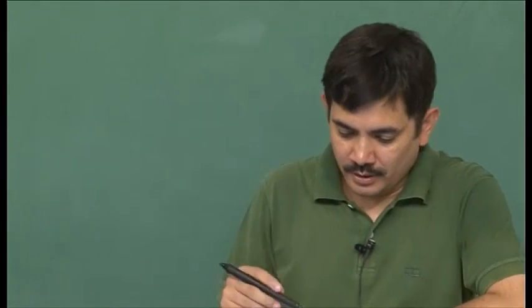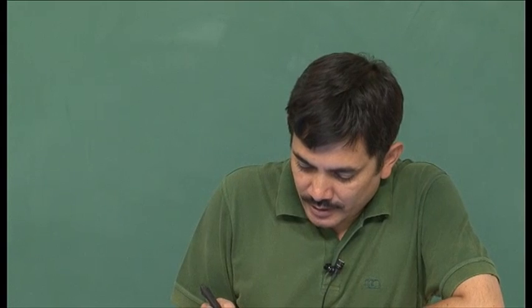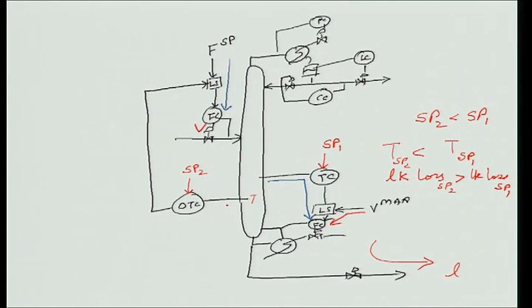Now let me take this a little further. Let us say this flow set point out here, the feed to the column, is being set. Let us say there was an upstream tank here, maybe it was a reactor, I do not know.